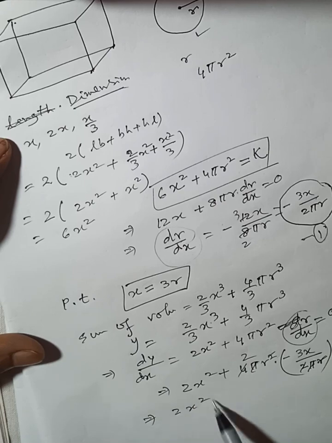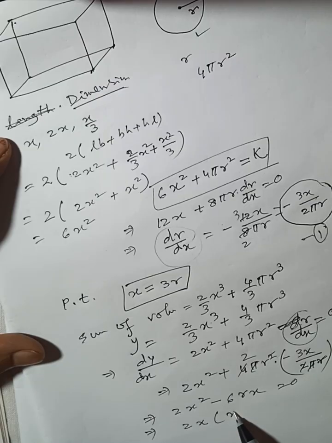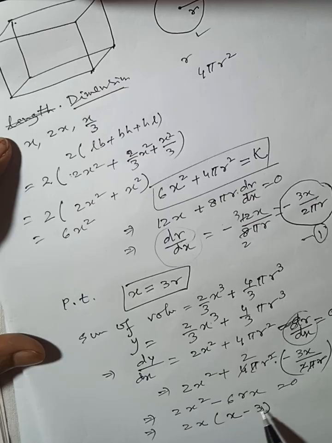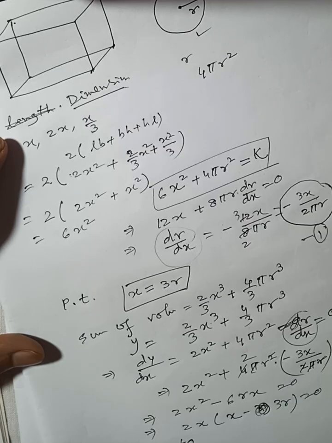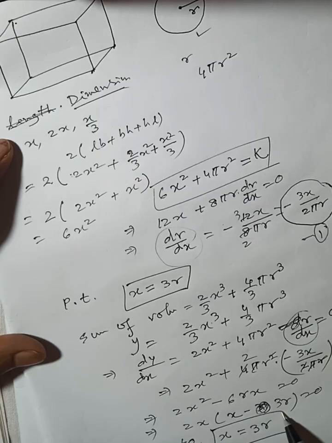Now 2x square minus 6rx equal to 0, so 2x(x minus 3r) equal to 0. x is not equal to 0, because if x is 0 then the cuboid dimension will be 0. So x equal to 3r. That is proved.